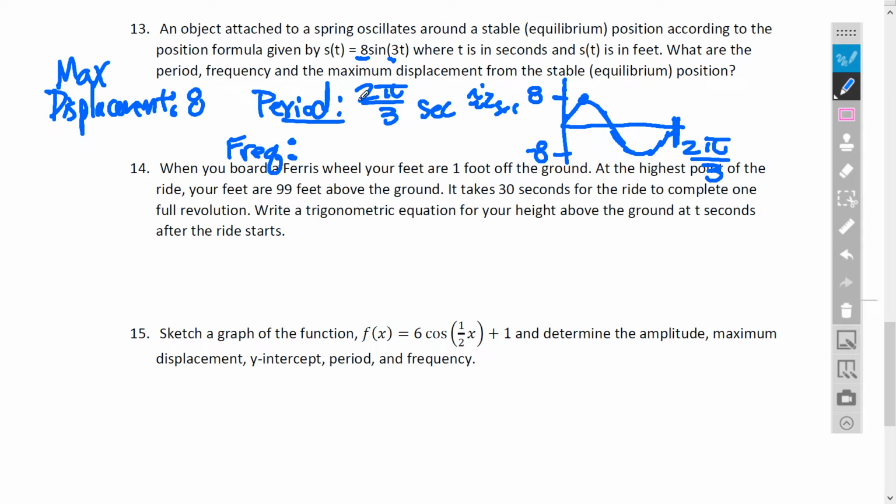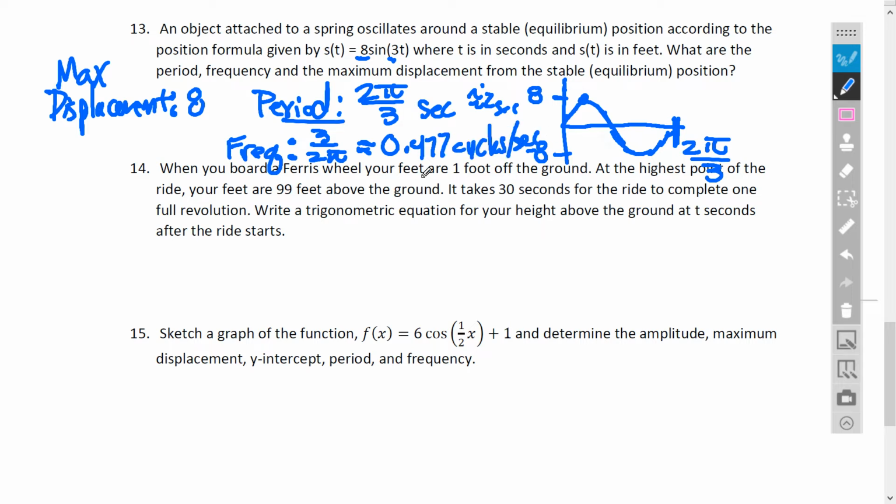So instead of 2 pi over 3, it's 3 over 2 pi. So 3 divided by 2 pi is about 0.477 oscillations or cycles per second.